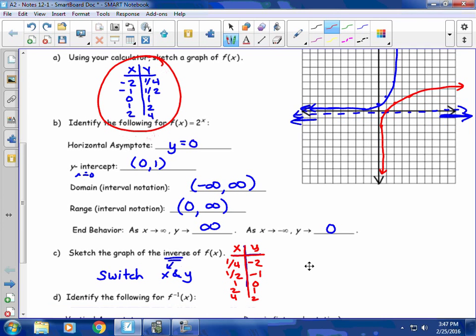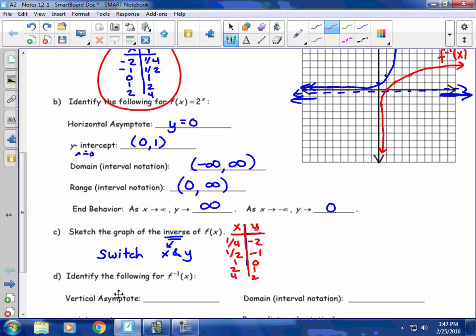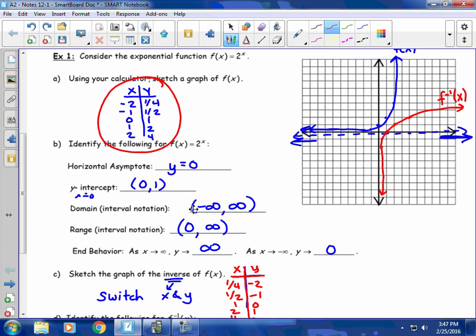All right, now to identify, actually, let me write this as f inverse. Remember that notation, so f to the negative first power, f inverse of x. Down here where it says to identify for f inverse of x, it talks about a vertical asymptote. Well, think about it for a second. If the horizontal asymptote was y equals 0, when I switch x and y, what's going to happen to y equals 0?